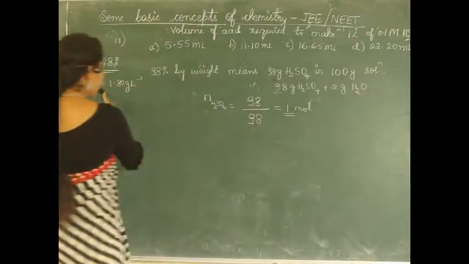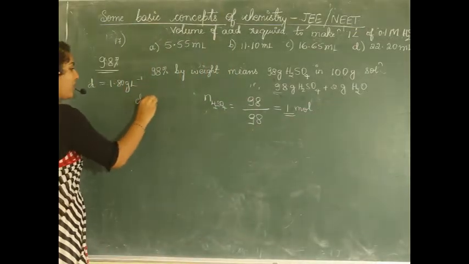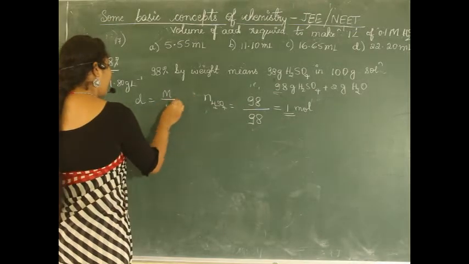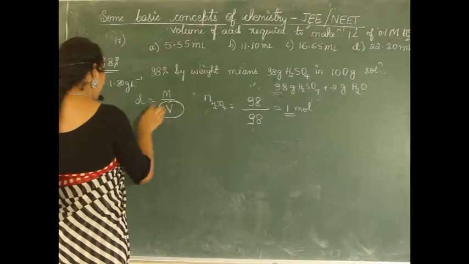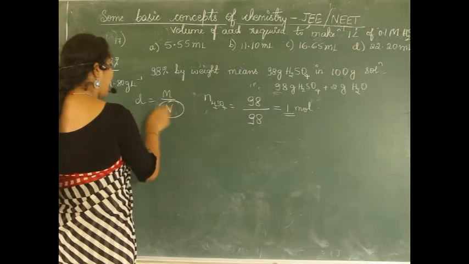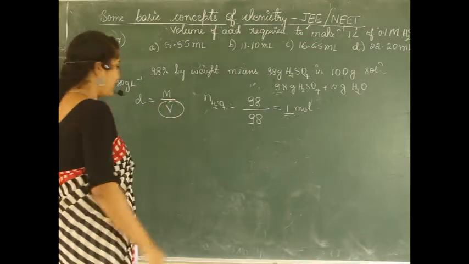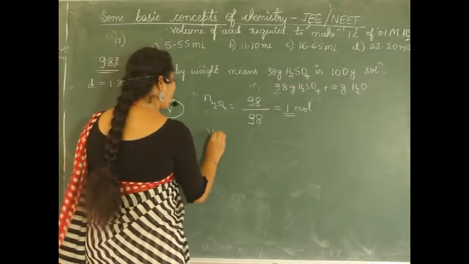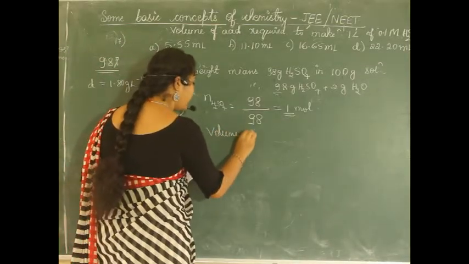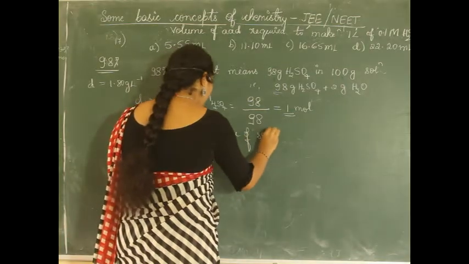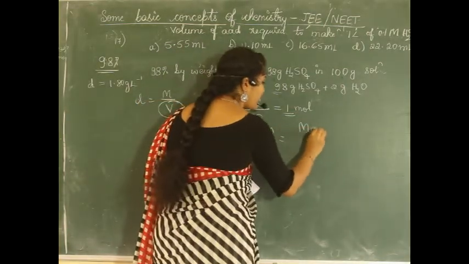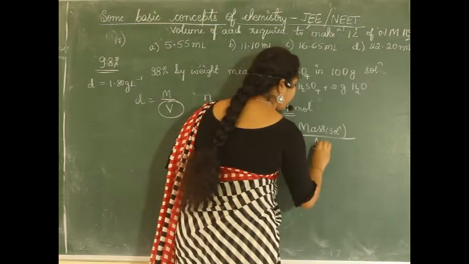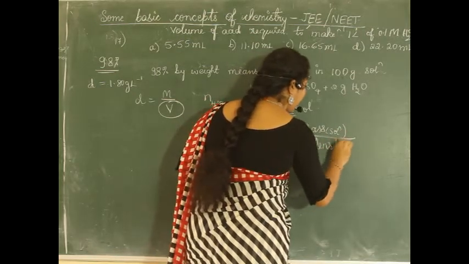Now since density is given, we know density is equal to mass by volume. If we want volume, then volume is mass divided by density. So volume of solution is equal to mass of solution divided by density.